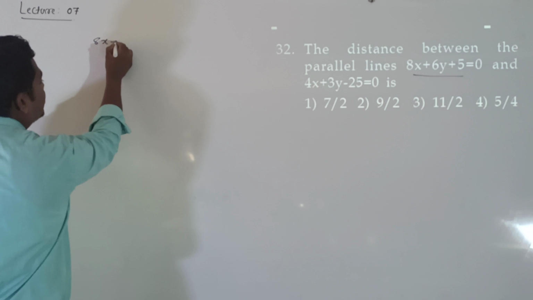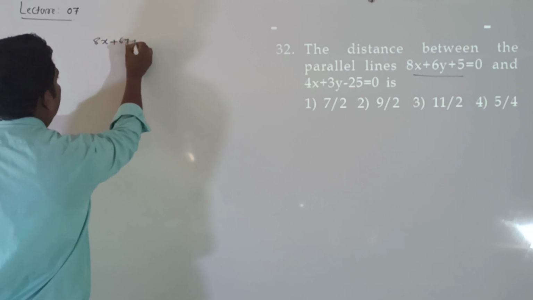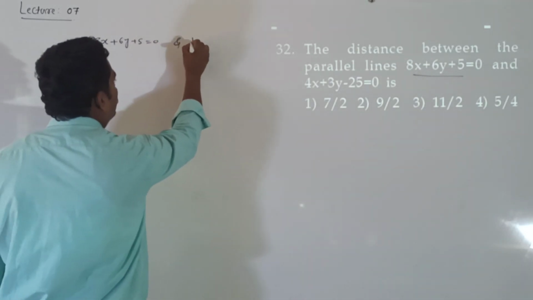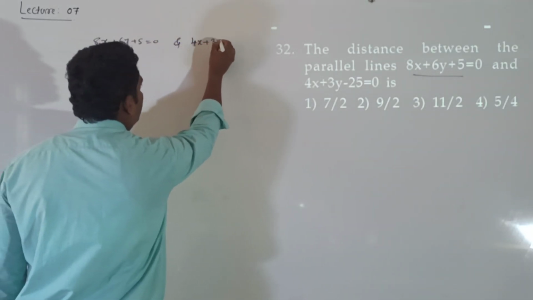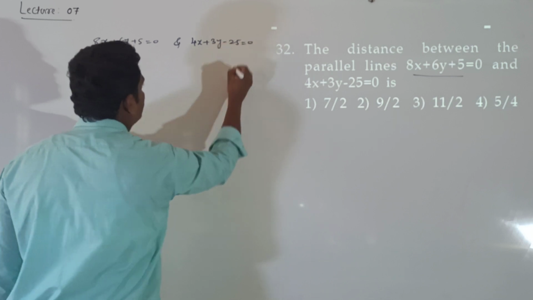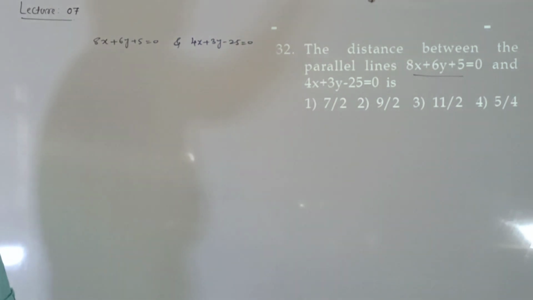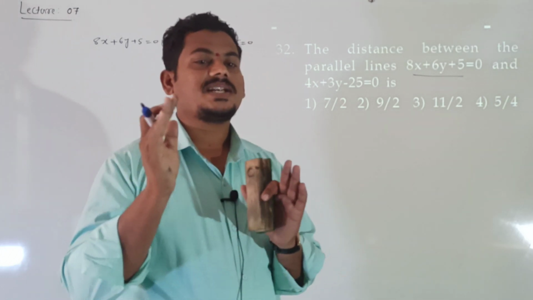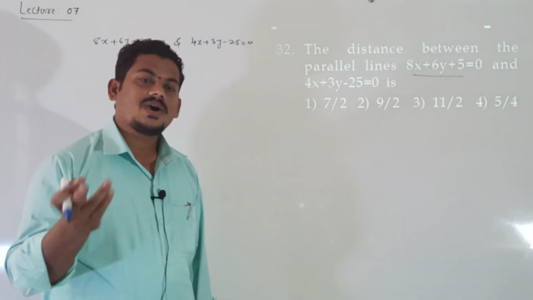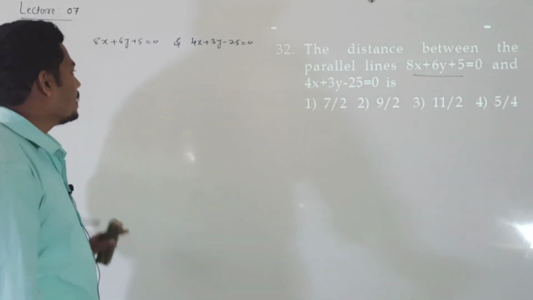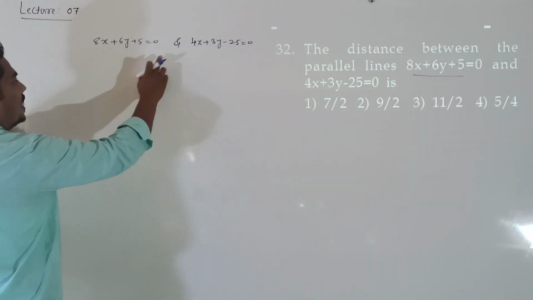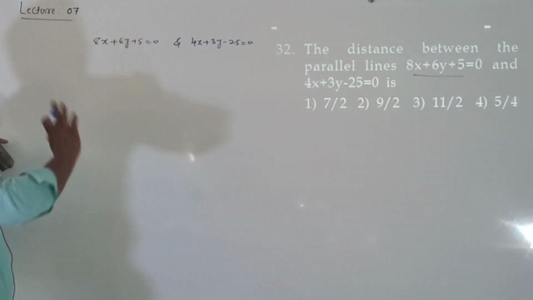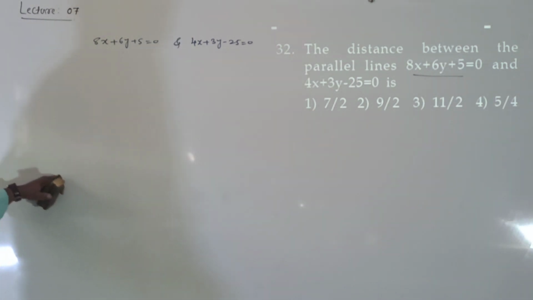The two lines are 8x plus 6y plus 5 equal to 0 and 4x plus 3y minus 25 equal to 0. Parallel means corresponding x and y coefficients should be equal. First make the coefficients of x and y in both equations the same, by multiplying equation number 2 by 2 or else dividing equation number 1 by 2.